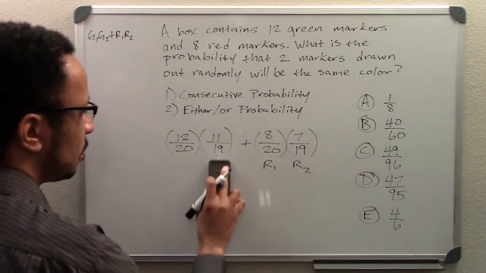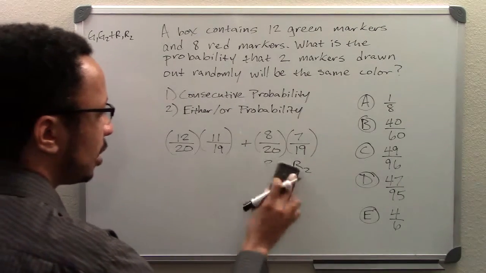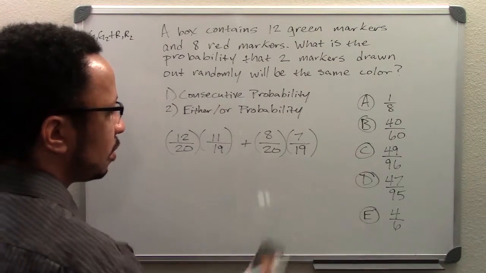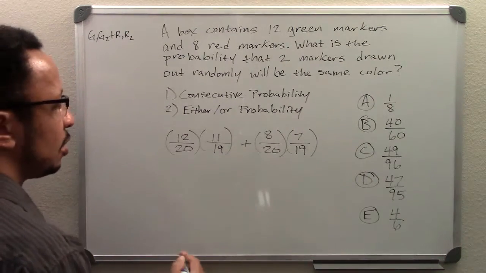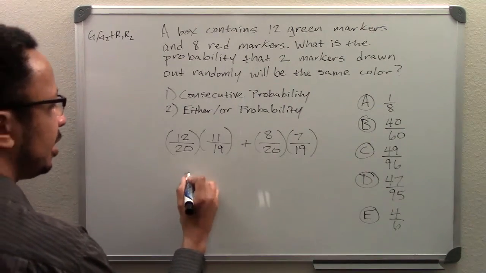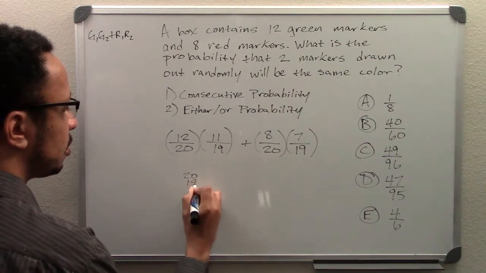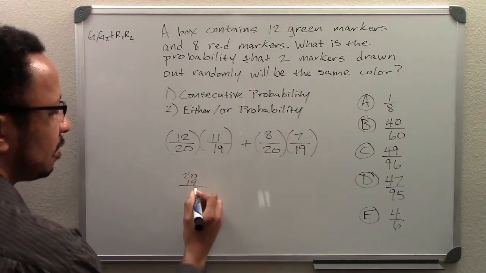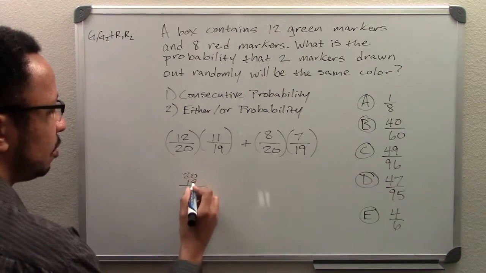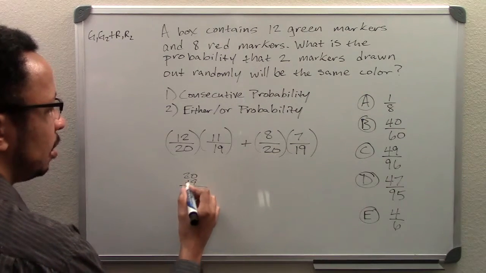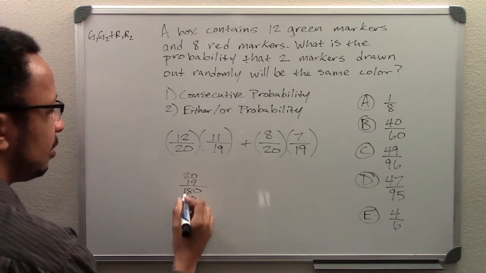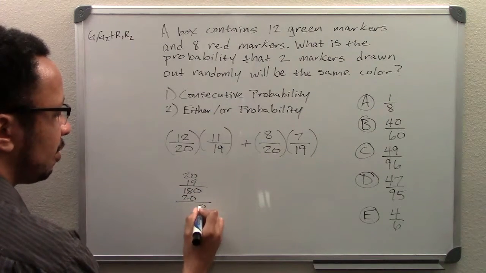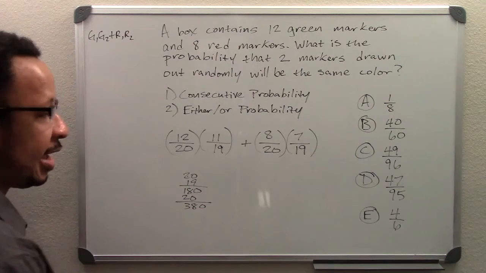Next, I'll go through the multiplication. 20 times 19: 0 times 9 is 0. 2 times 9 is 18. 1 times 0 is 0. 2 times 1 is 2. Bring all of that down to get 380.